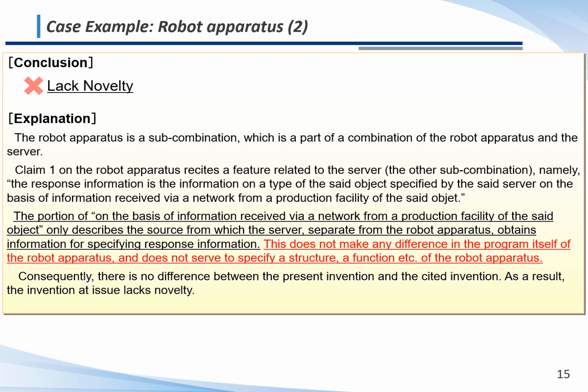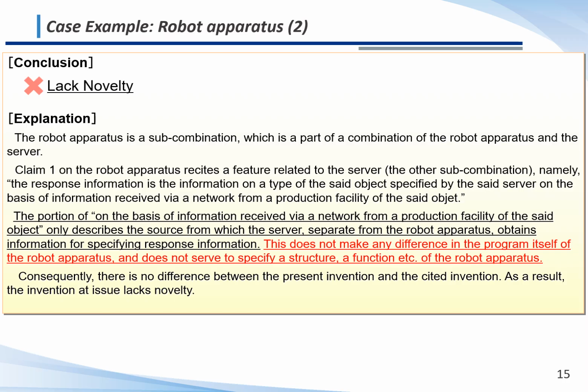However, the portion of "on the basis of information received via a network from a production facility of the object" only describes the source from which the server, separate from the robot apparatus, obtains information for specifying response information.